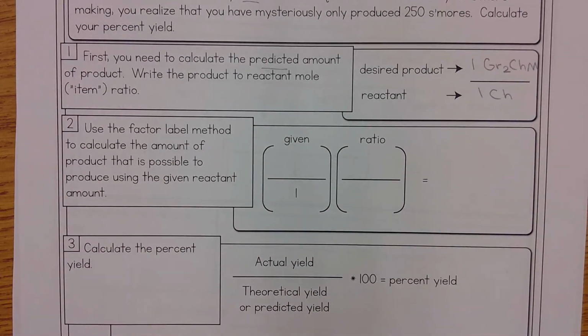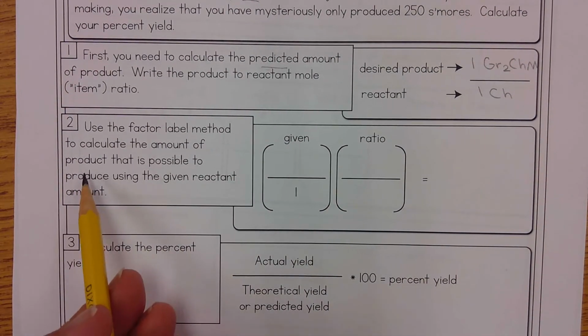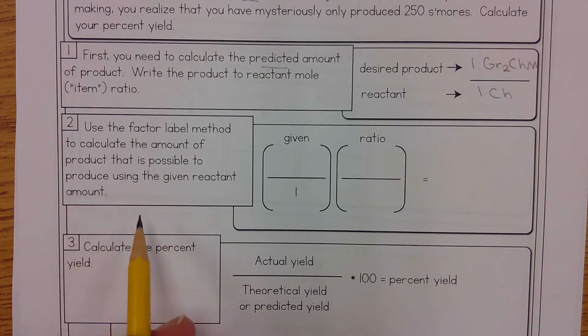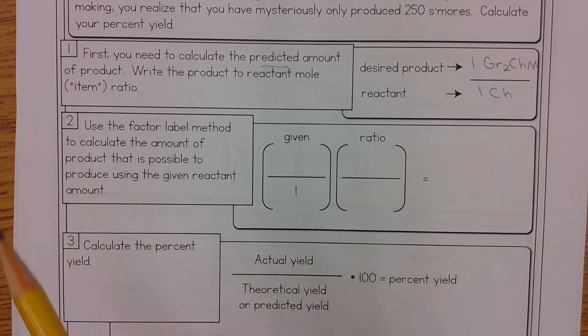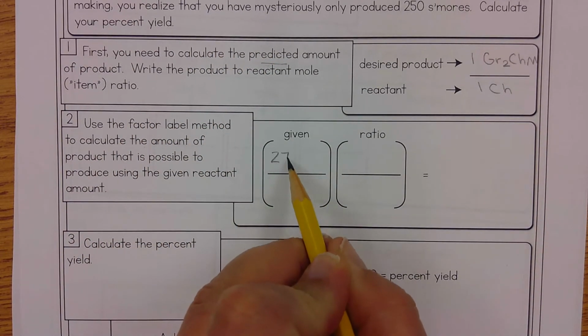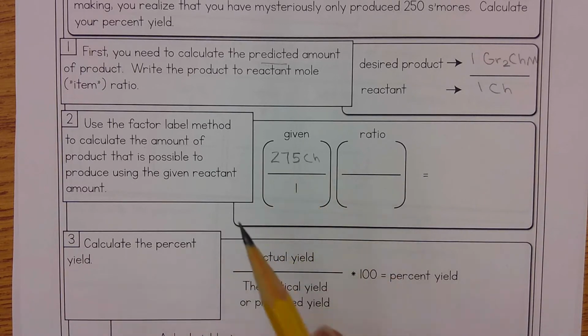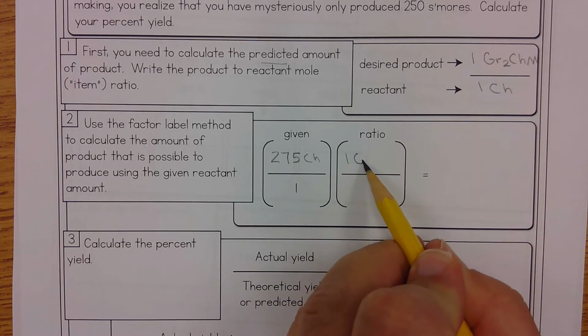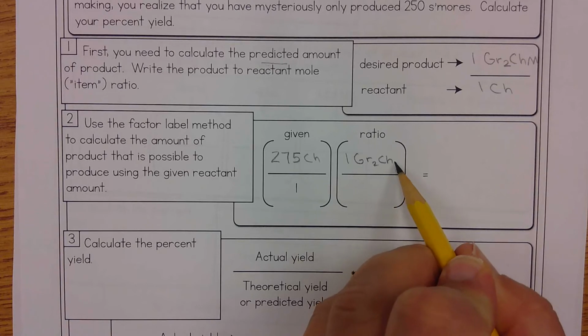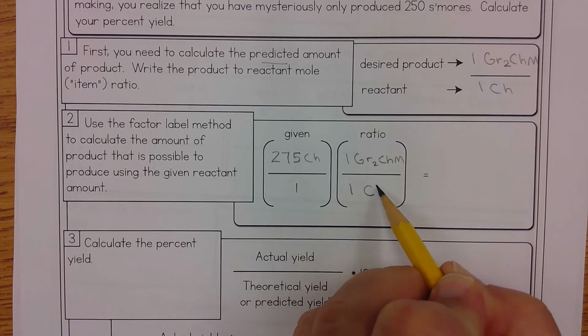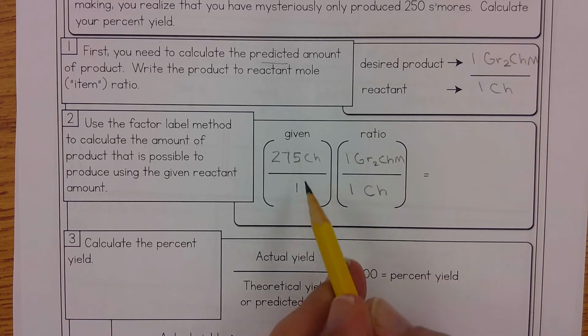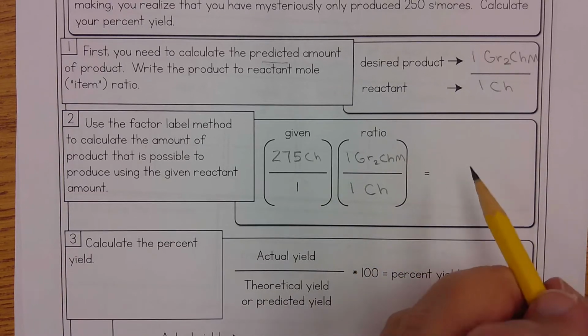Okay. So then we're going to calculate the amount of product that it is possible to make with what we have. We have 275 squares of chocolate. The ratio is 1 s'more from 1 square of chocolate. So multiply, divide, all those are ones, so that's really easy.